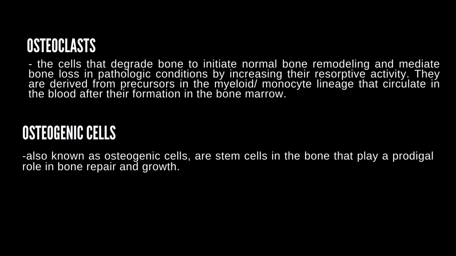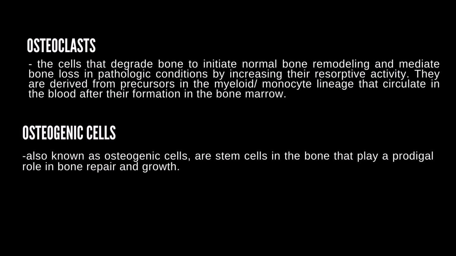Last but not least, we have the osteogenic cells, also known as the osteoprogenitor cells. These versatile stem cells play a crucial role in bone repair and growth, stepping in when bones need to heal or develop. Imagine a construction site where the workers are diligently laying down the foundation for a new building.